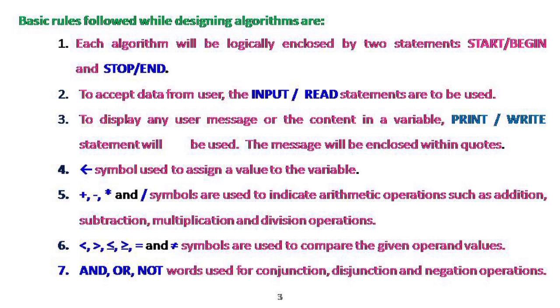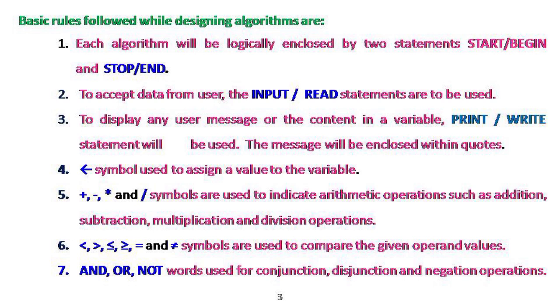That is, if you want to display the x value, y value, z value, we can use output statements like print, write. And if there is any message, then along with the print or write statement, we have to put the message in quotation marks.